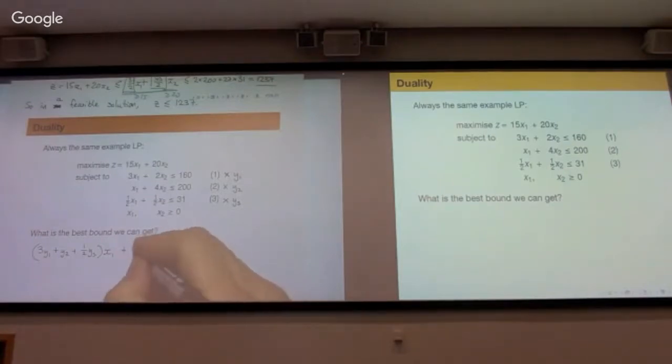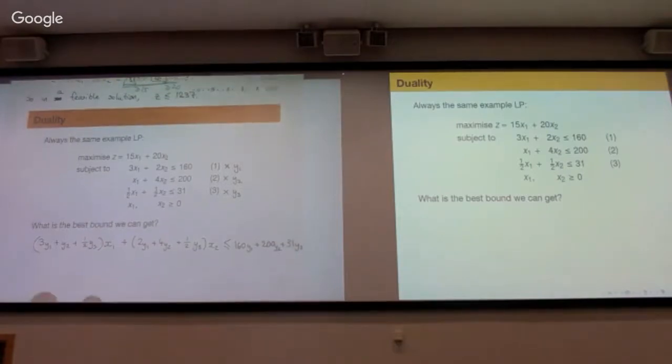For x2, it's going to be 2y1 plus 4y2 plus 1/2 y3. Okay. And the right-hand side is going to be 160 y1, 200 y2 plus 31 y3. Okay. So this is the method.